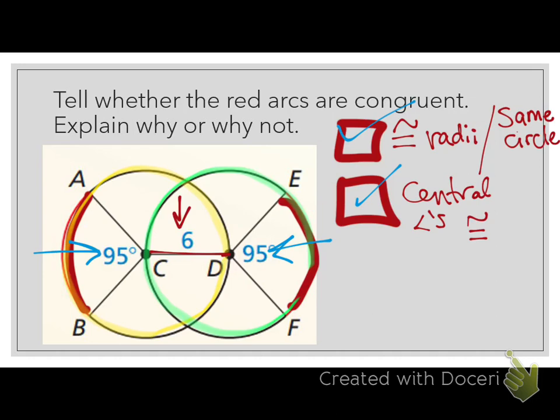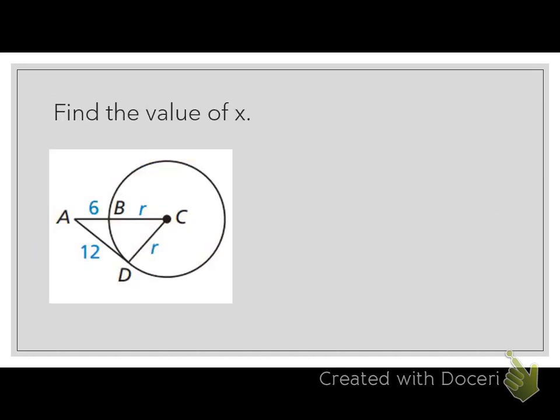Okay? All right. This says find the value of x. It should be an r. And what would be important here is that AD is tangent to the circle. So what did we learn about tangent lines and circles? Yes, they only touch once. This is from 10.1. That they're what?